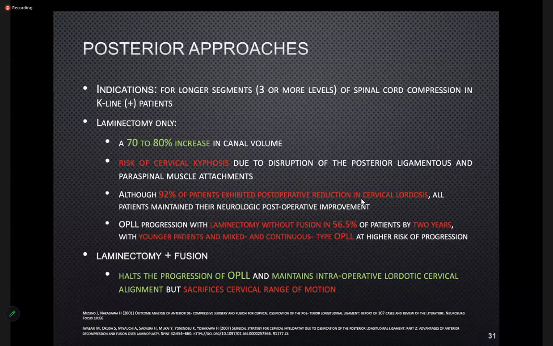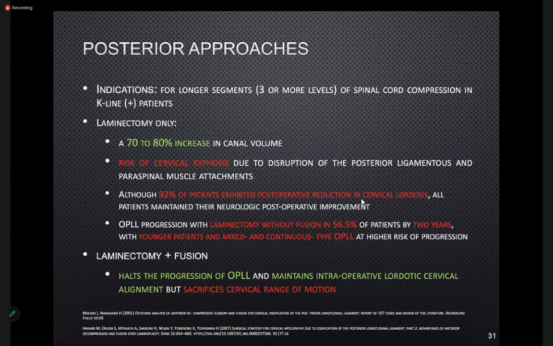And OPLL progression with laminectomy without fusion is 56%, very high, by 2 years, especially for younger patients and mixed and continuous type OPLL. That's the reason why in some patients we need laminectomy and fusion.